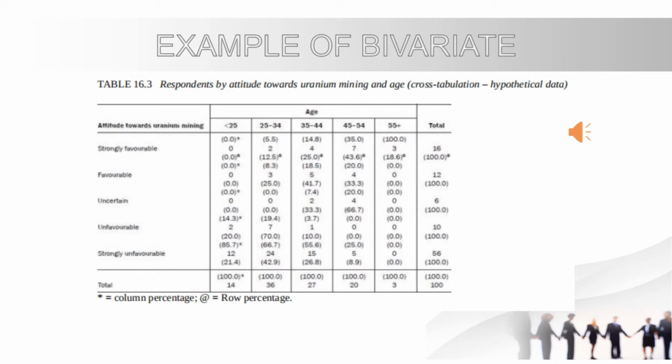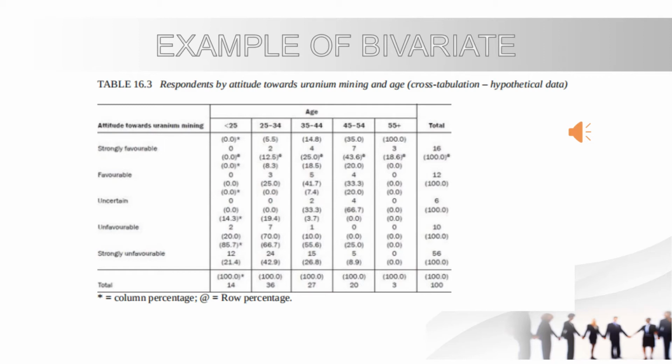On the left side, in your first column, you have the attitude towards uranium mining, with your categories in rows, and on the right side you have the specific age, and the last part is the total.